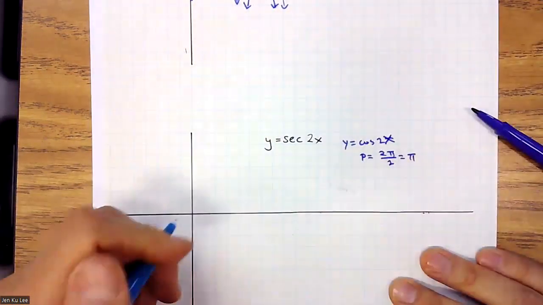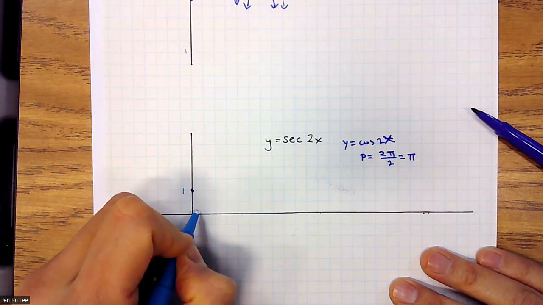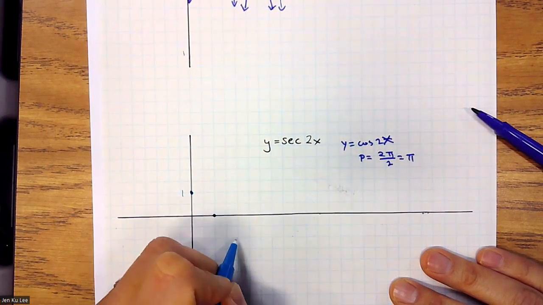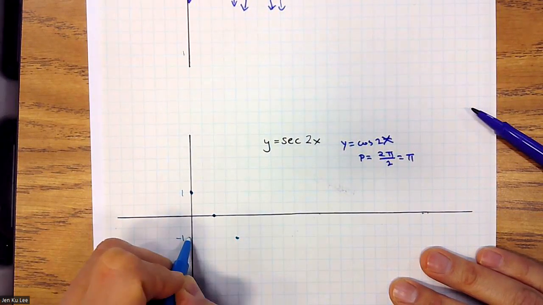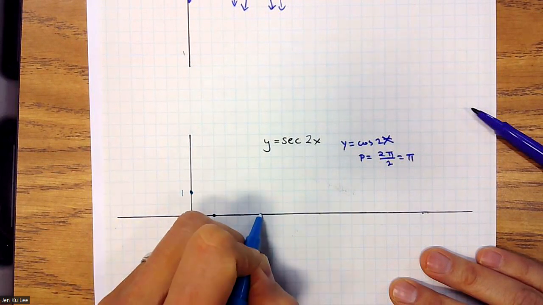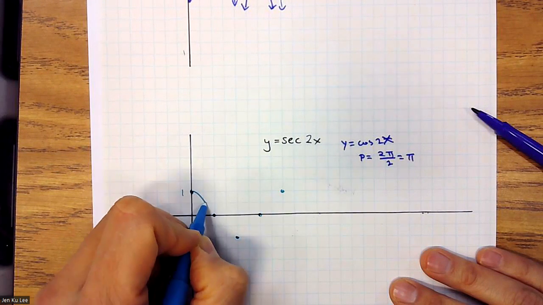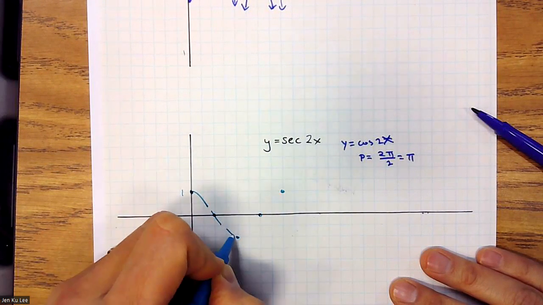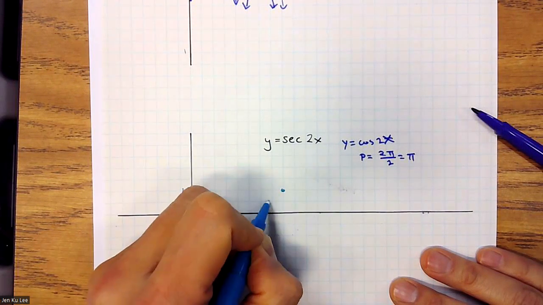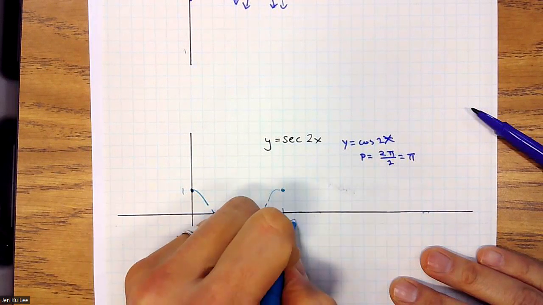I'm going to first start with 0, 1, 2 boxes over at 0, 2 boxes over at -1, 2 boxes over at 1, 2 boxes over at, right? So here is my function, okay? Here is going to be pi.